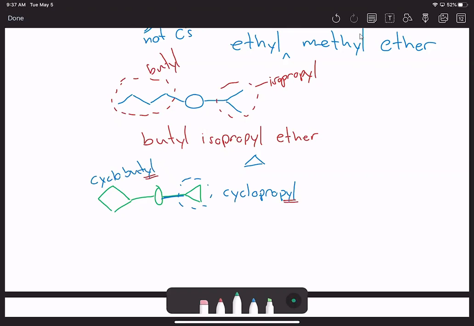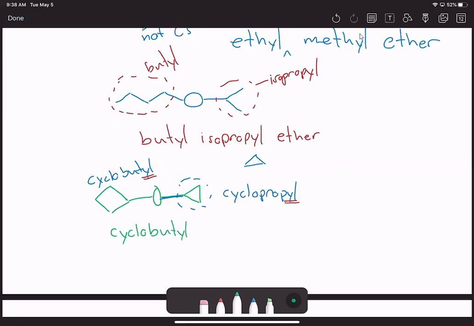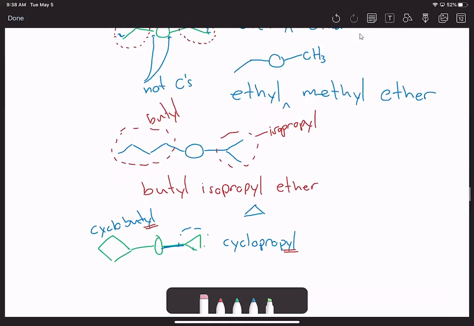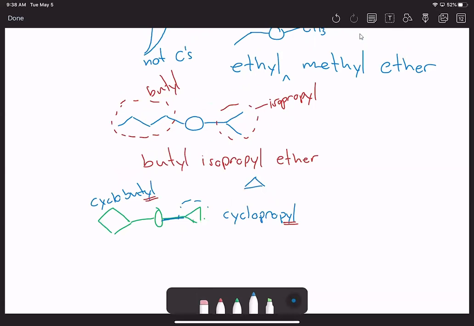So we put this together alphabetically, butyl before propyl, so we have cyclobutyl cyclopropyl ether.